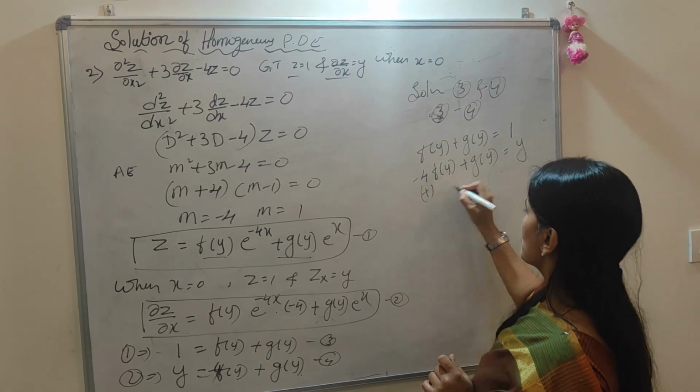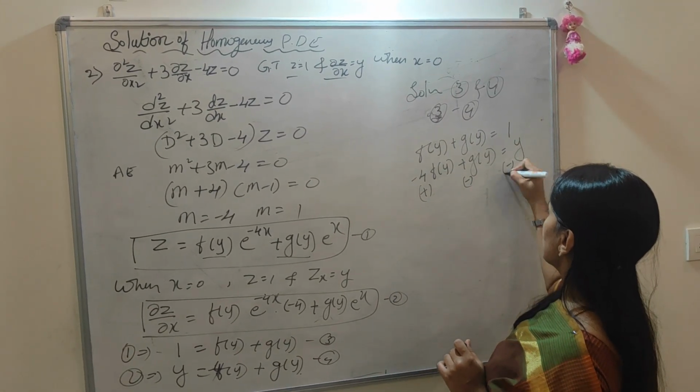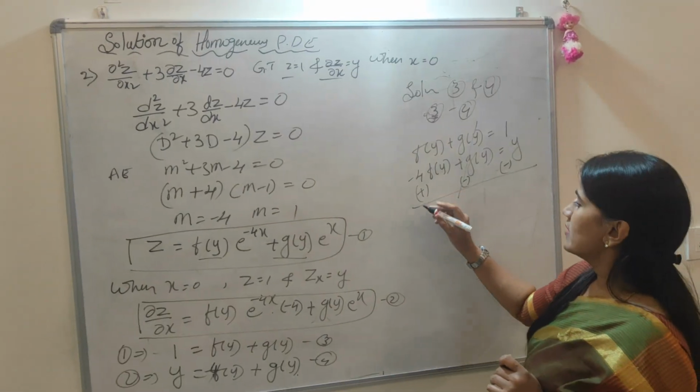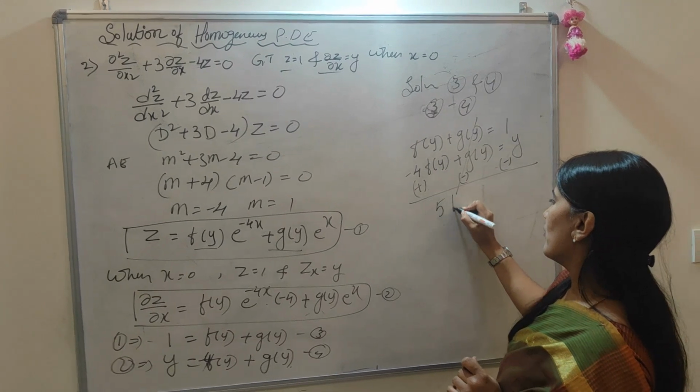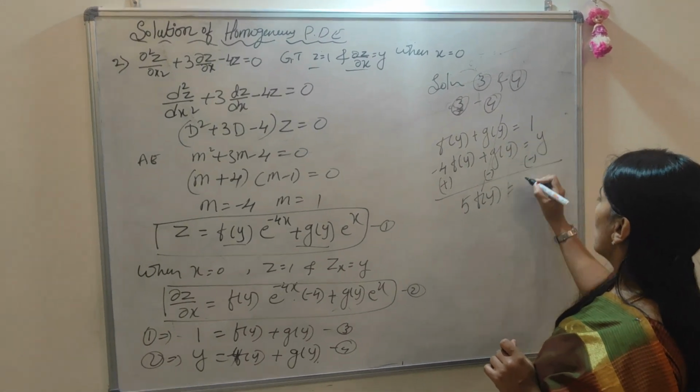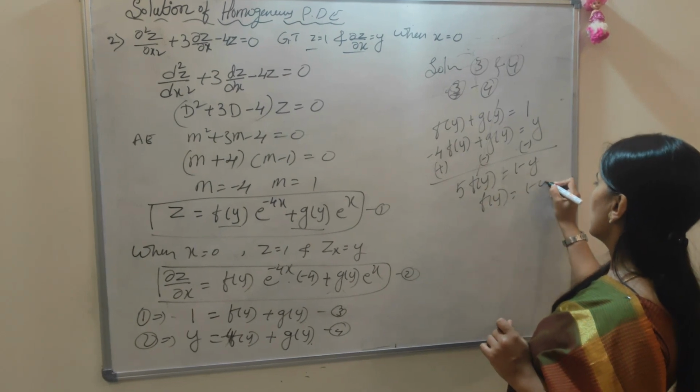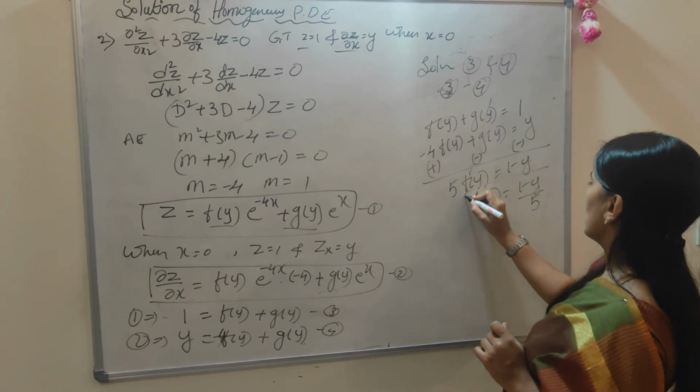Subtracting means minus changes to plus and plus changes to minus, so g(y) minus g(y) gets cancelled. So 5 f(y) = 1 − y, and we got f(y) = (1 − y)/5.